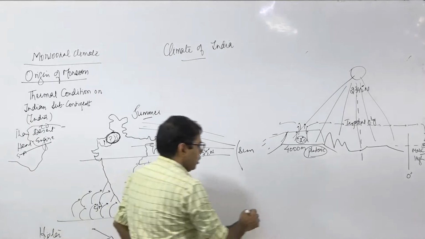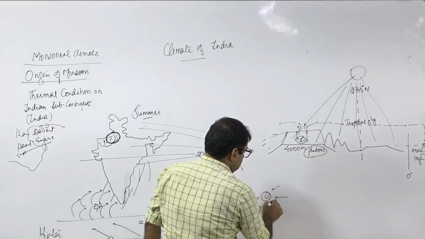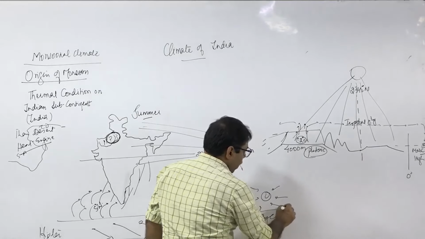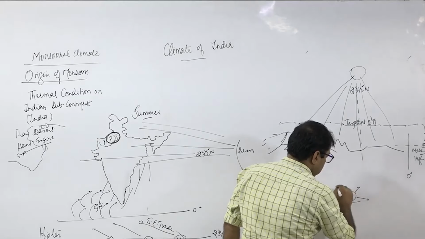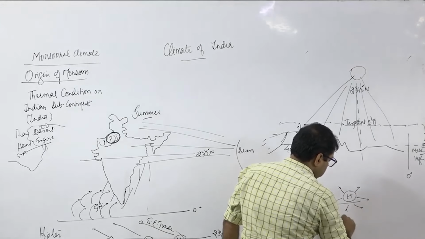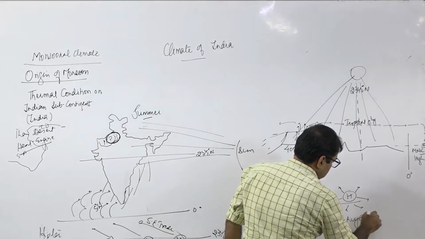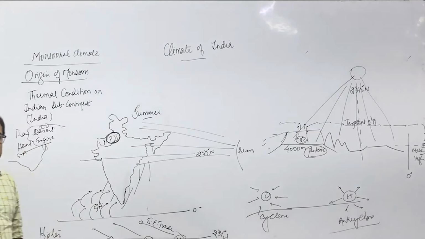Low pressure means convergence of winds, cyclone. High pressure means divergence of winds, anticyclone.